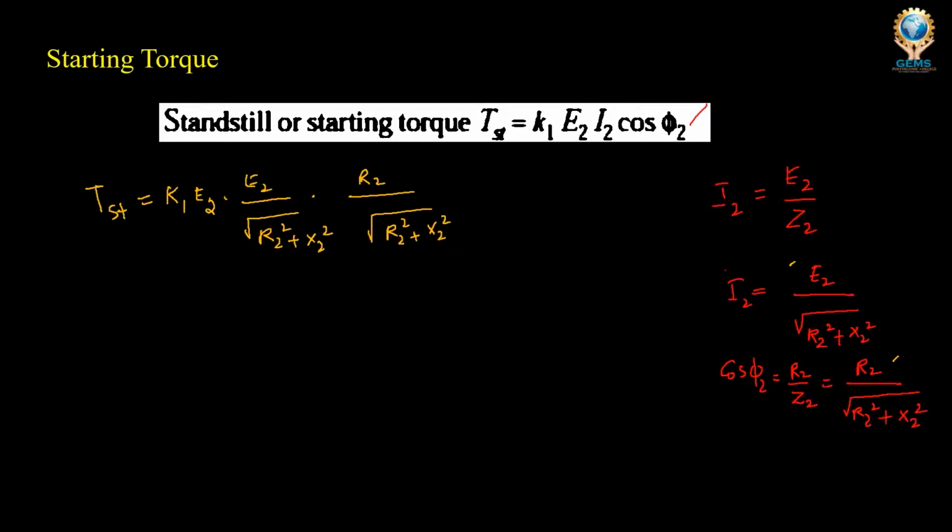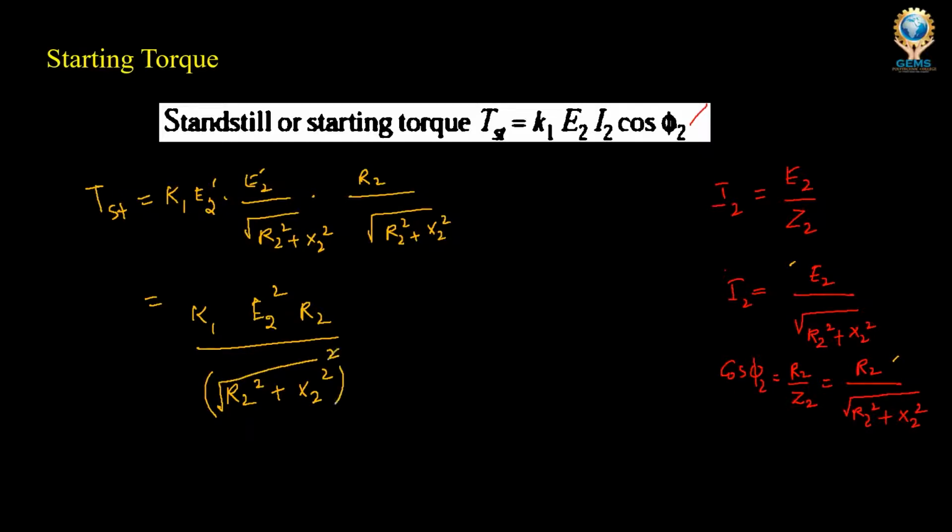Okay. Now if we multiply E2 and E2, we will get E2 square divided by, okay, this R2 also there, E2 square into R2, and then this 2 value is there, R2 square plus X2 square under root, 2 value is there.